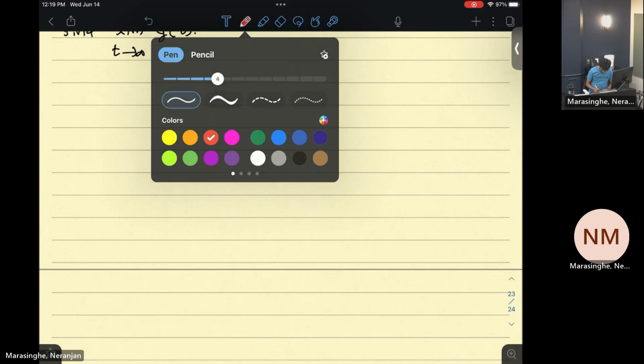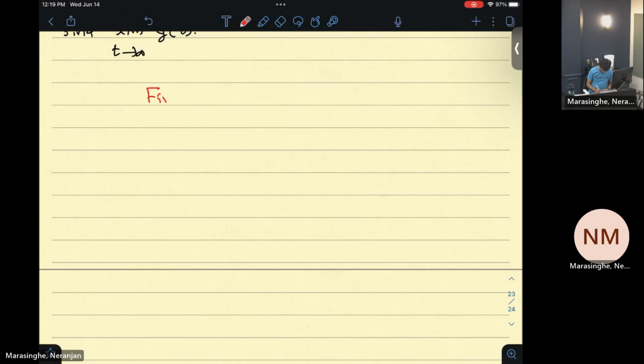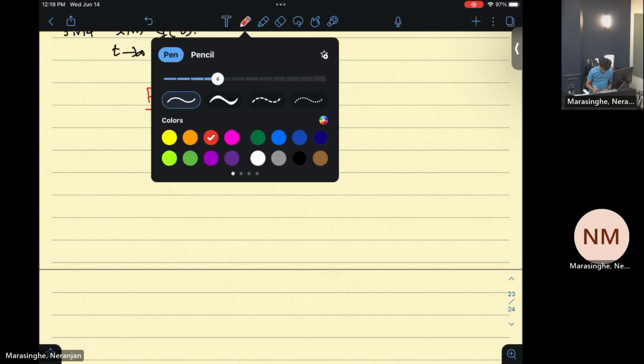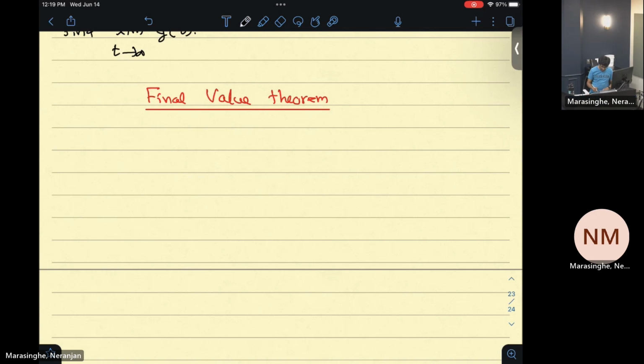Okay. So the final value theorem. Suppose you have some function.